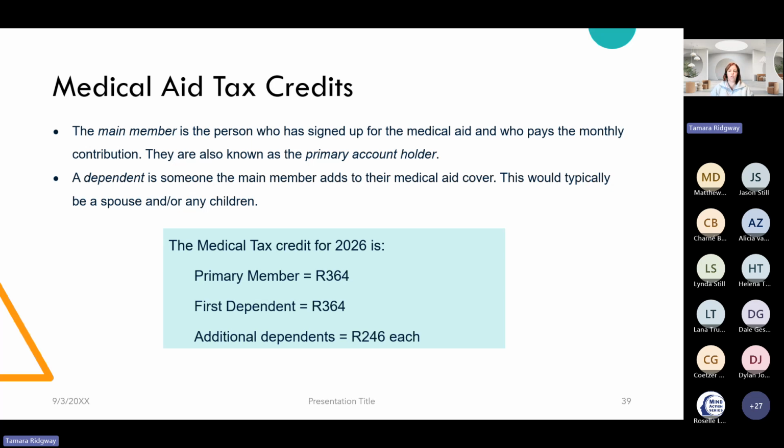And then if you had 4 kids, you could deduct 246 Rand for each of your dependents, each of your 4 kids. And because of how much you've done before this, the kids know, well, hopefully they know, you're at the end part now.